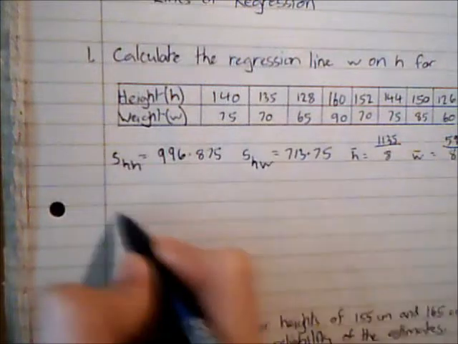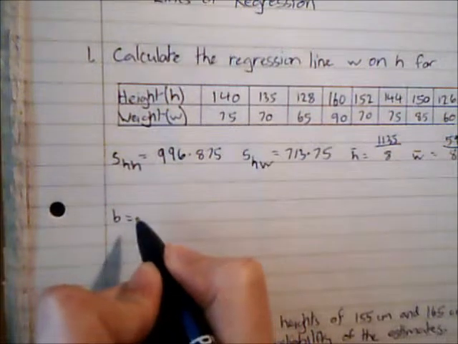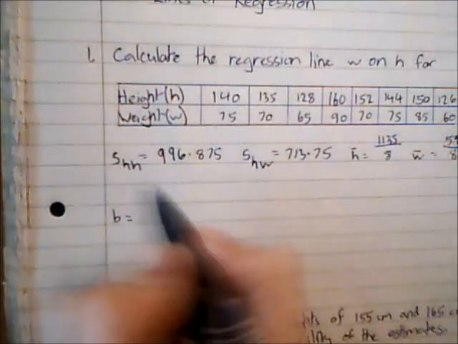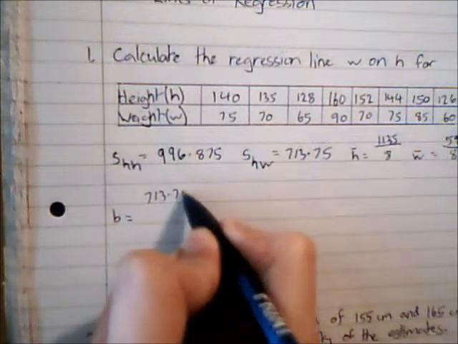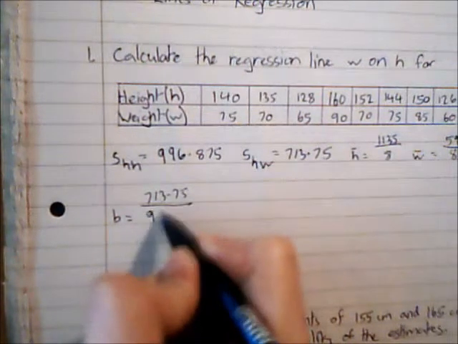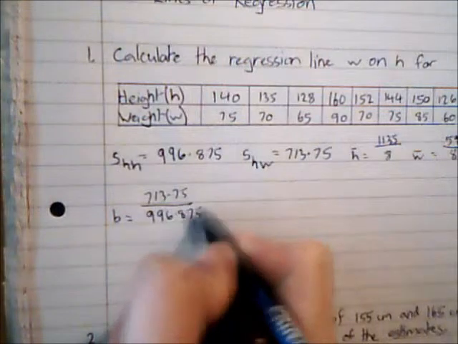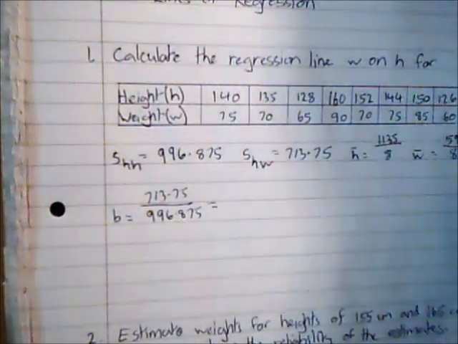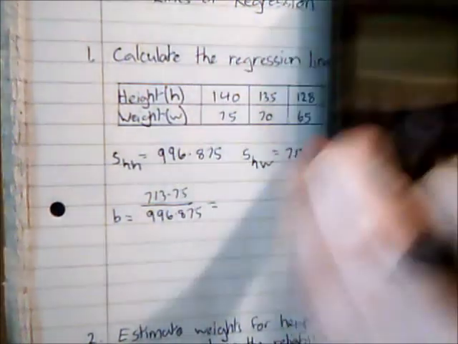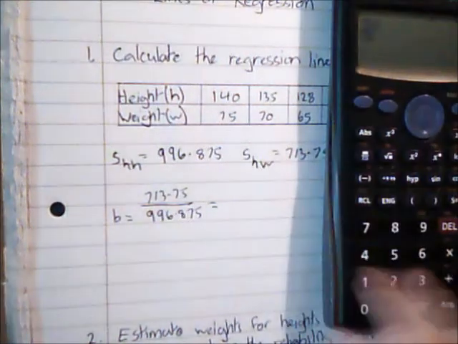Well, b is equal to Sxy over Sxx, so this is equal to 713.75 over 996.875, and I'm going to work that out as a decimal as well.